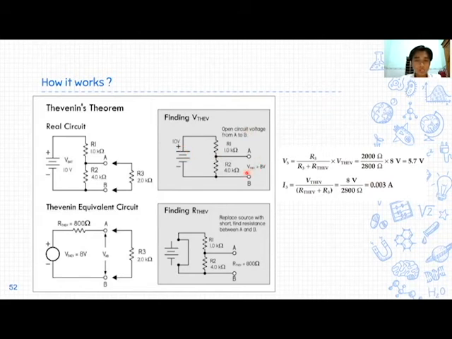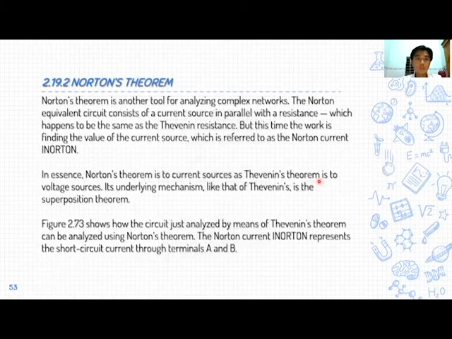We will obtain the value of V Thevenin here by Ohm's law. We get a volt, and we obtain the R Thevenin here, which is 100 ohm. After that, we plug back the load here for the circuit to be closed, and we obtain the other value here.